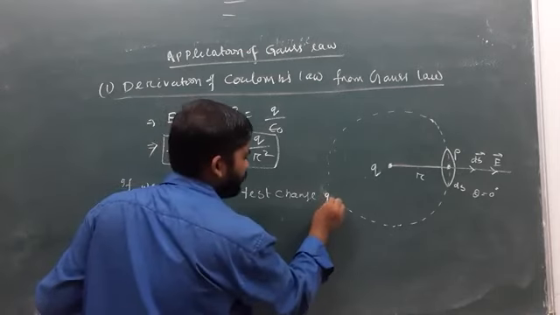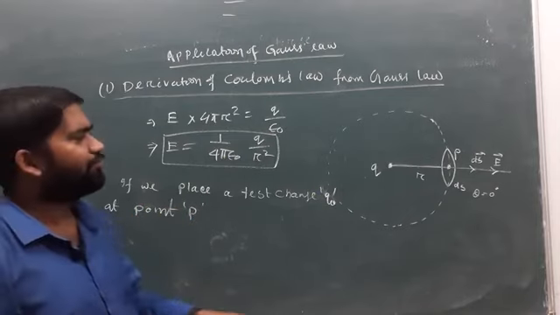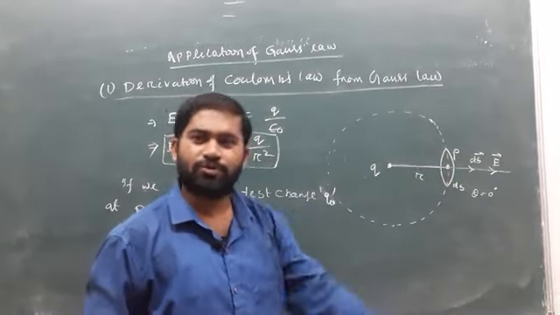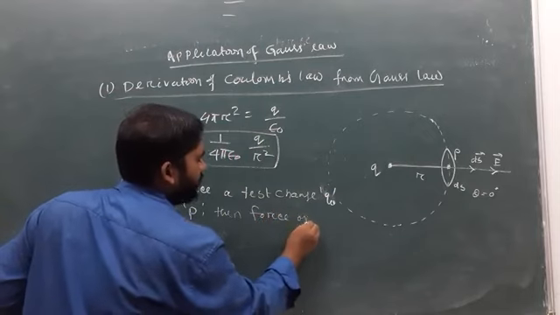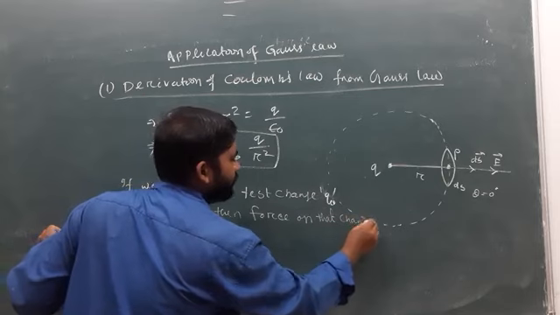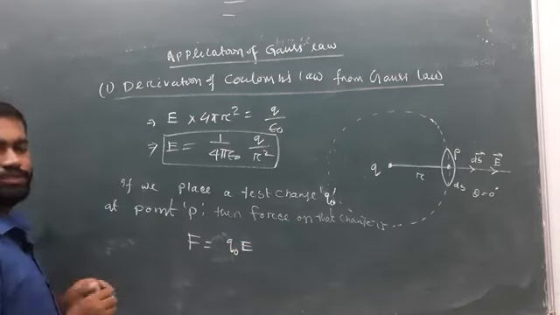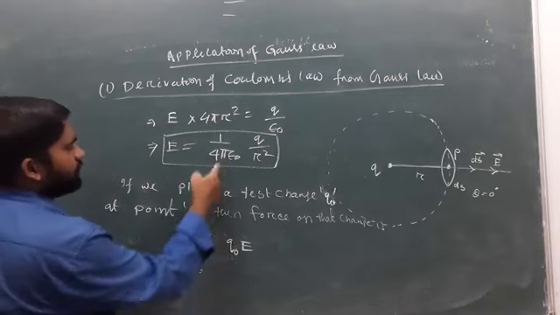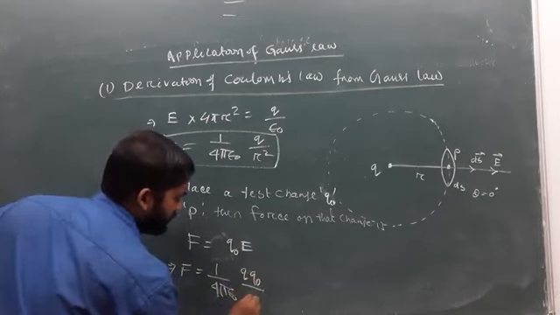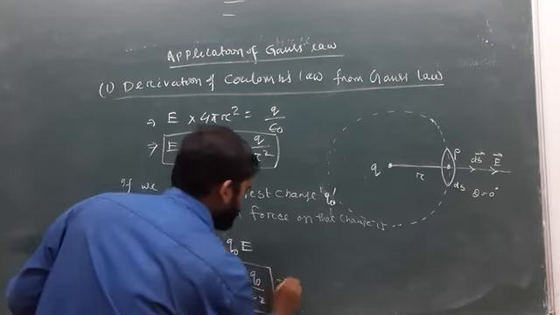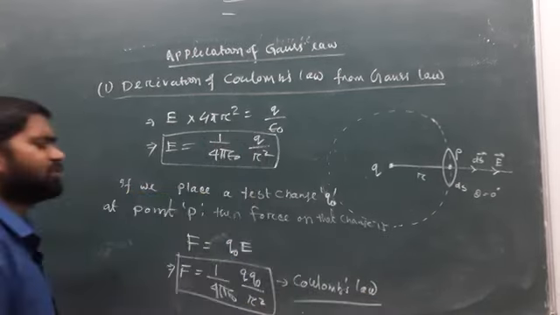If we place a test charge q0 at point P, then the electric field at point P measures the amount of force acting on that charge. The force on that charge is F equals q0 E. Substituting the value of E, F equals 1 by 4 pi epsilon 0 times q q0 divided by r square. This is called Coulomb's law in electrostatics.